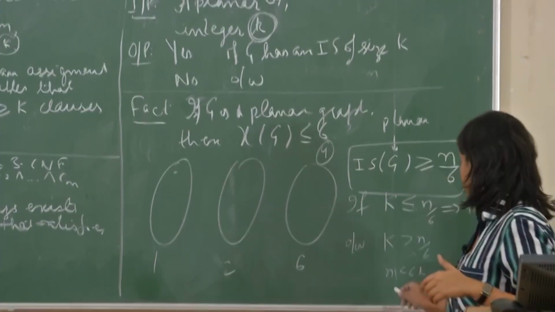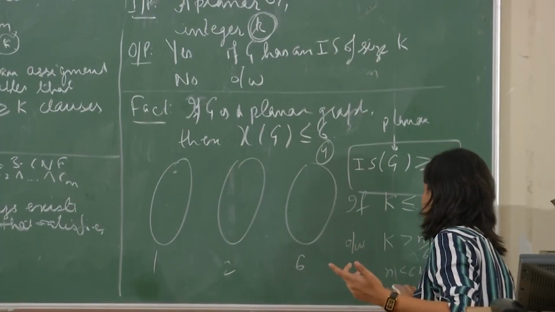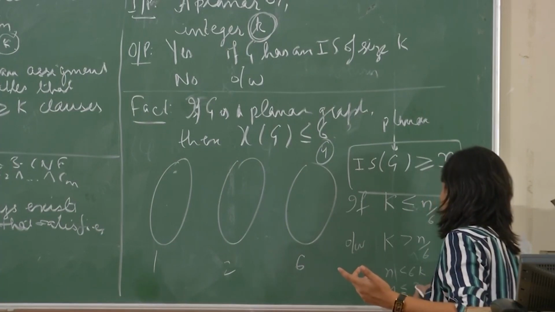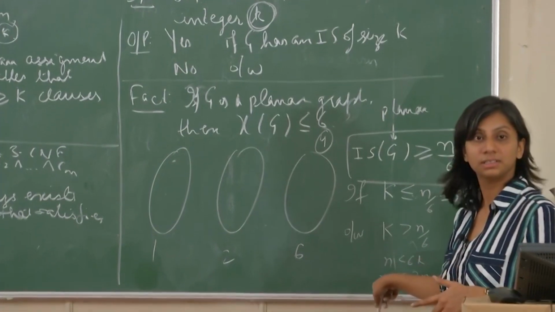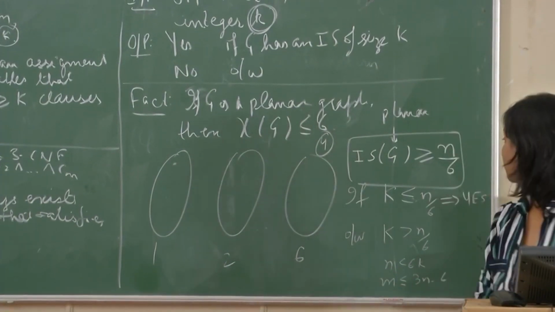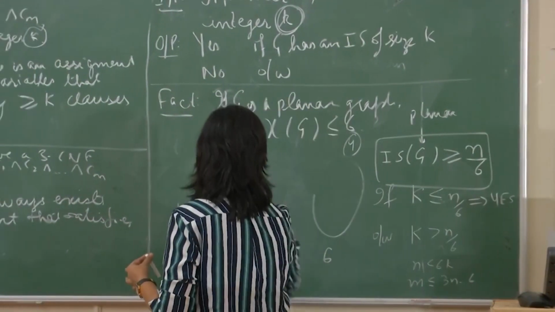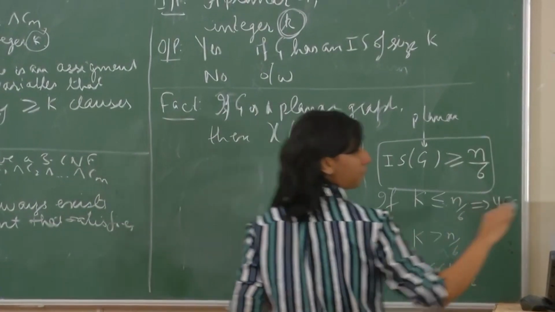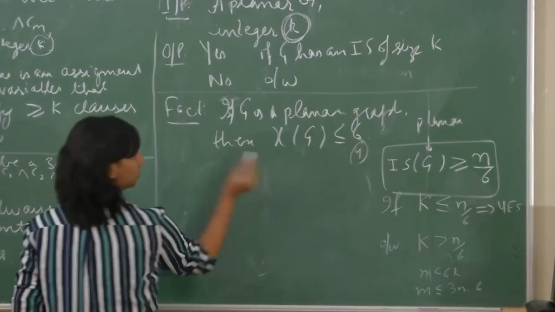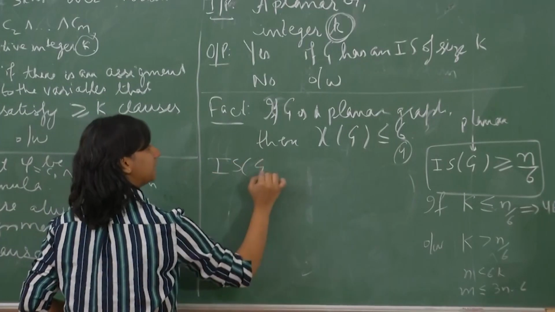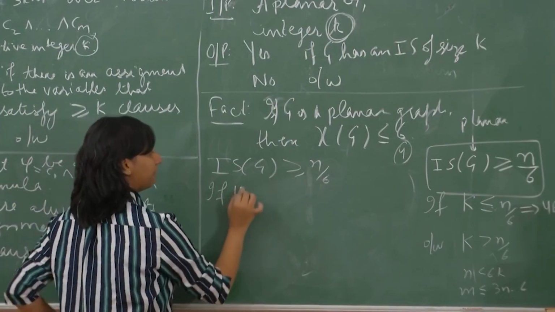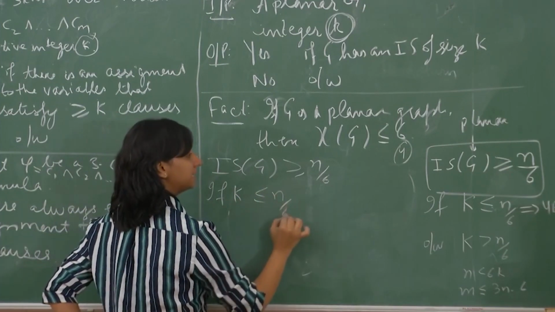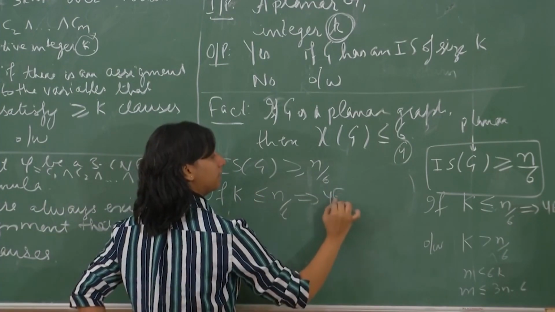Yes. In a planar graph, you always have the bound that m is at most 3n minus 6. So what we had was that the independent set of the graph is at least n by 6. From there we said that if k was at most n by 6, then say yes.